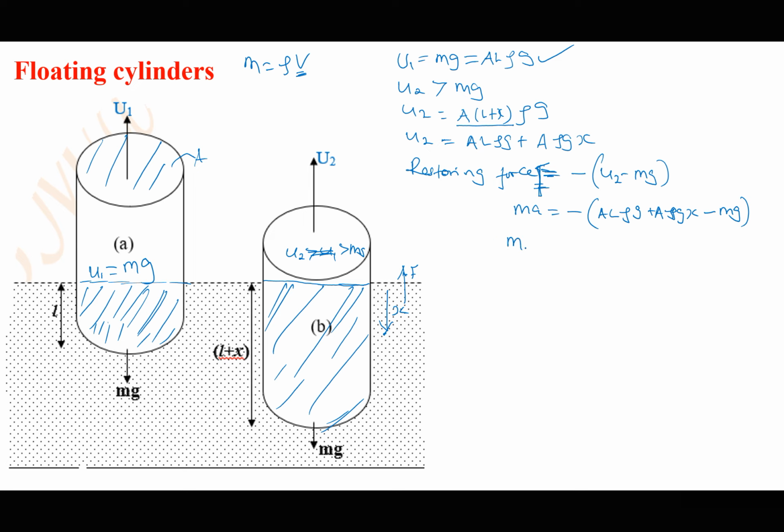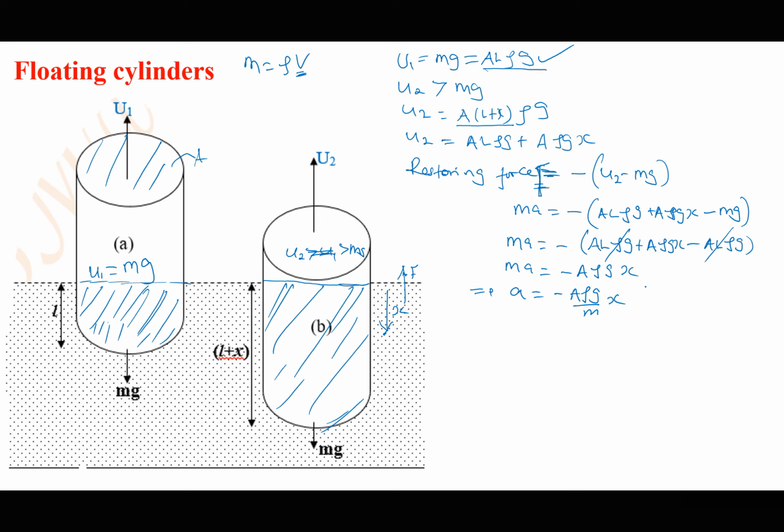So ma is the negative of A L rho g plus A rho g x minus, where there is mg, I put A L rho g. So this cancels with this one, and we remain with ma equal to negative A rho g x. So we have arrived at a simple expression: acceleration is equal to negative A rho g divided by m times x.